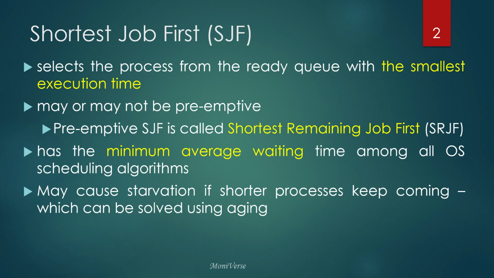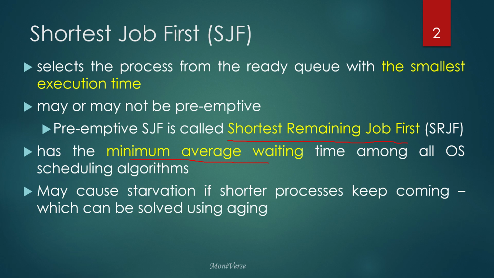When it comes to preemptive, this algorithm will be named as shortest remaining job first. The advantage of this particular algorithm is that it has the minimum average waiting time among all the scheduling algorithms in the operating system.